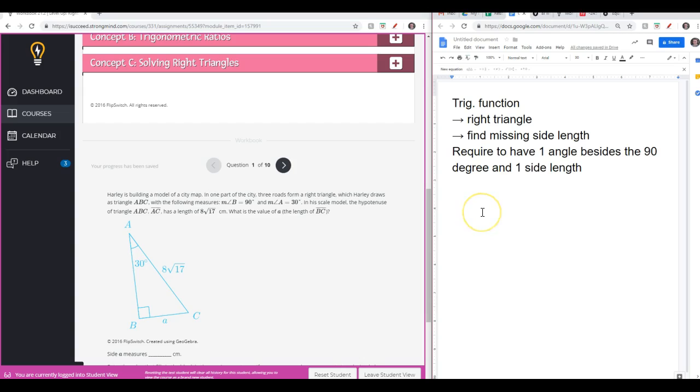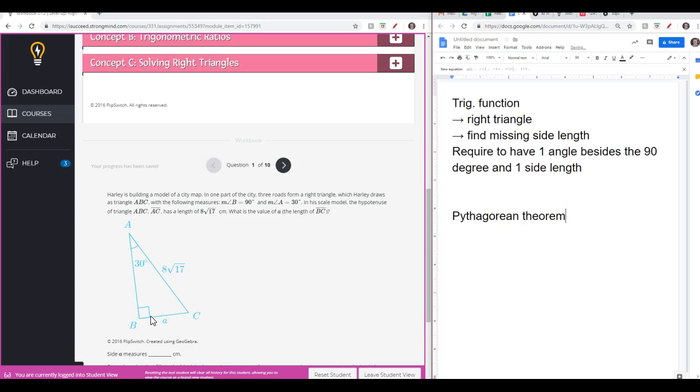So when I look at this, I'm looking, okay, I have a right triangle right here, 90 degrees. There's also another tool that we could debate between to find side lengths, and that's the Pythagorean theorem.